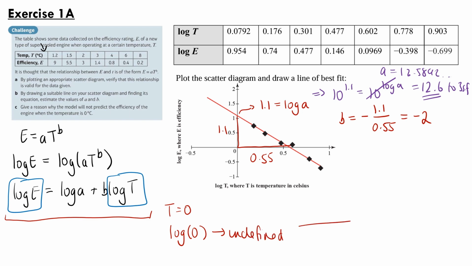If you imagine the graph of log of x, it tends to negative infinity, so it's undefined at that point. Another way you can think about it is if we plug in 0 to the original model, we get the efficiency equal to 0, which doesn't really make sense. So there we go.